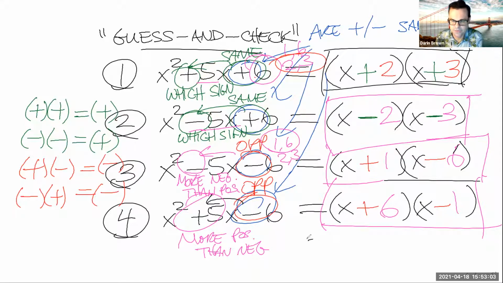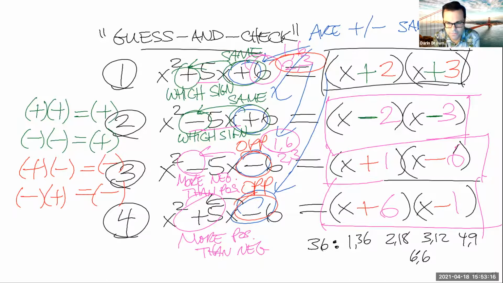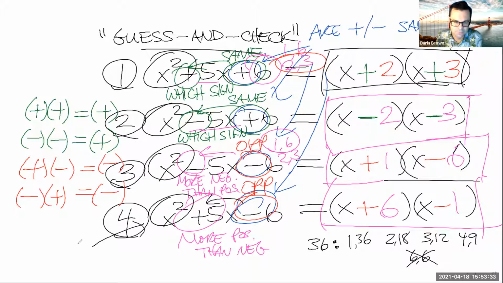It could factor as 1 and 36, or 2 and 18, or 3 and 12, or 4 and 9, or 6 and 6. So there's quite a number of ways that could factor. Actually, 6 and 6 you wouldn't have to worry about, because that would show up as a special formula. We'll talk about that later. But this is the idea with guess and check. Notice here, the leading term was always x squared.